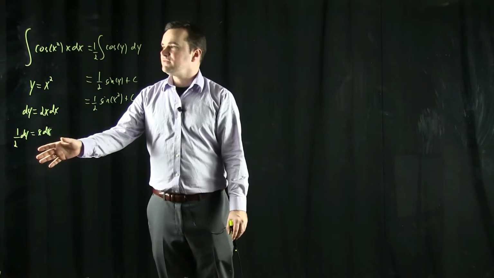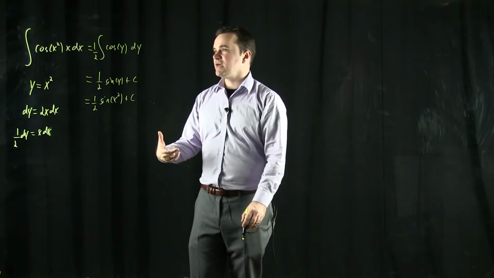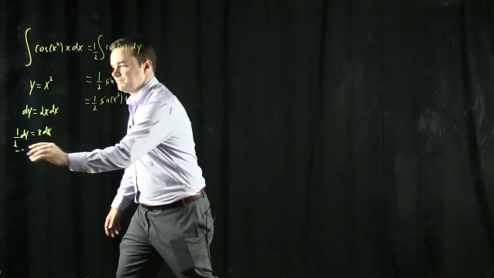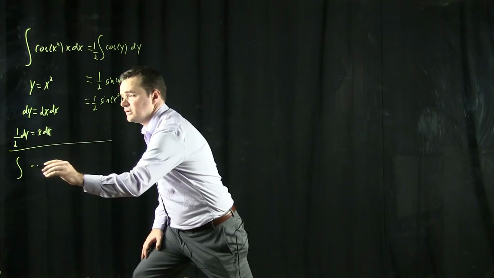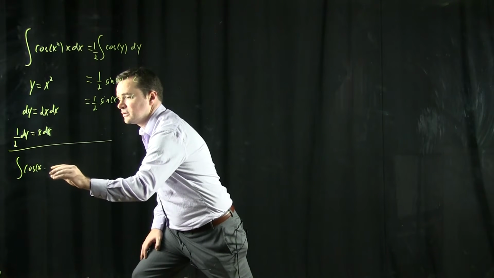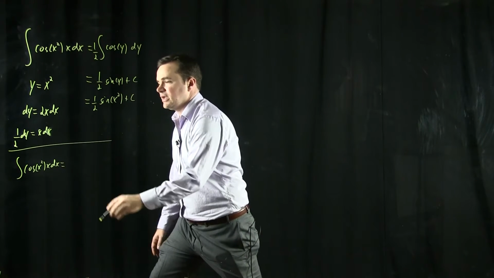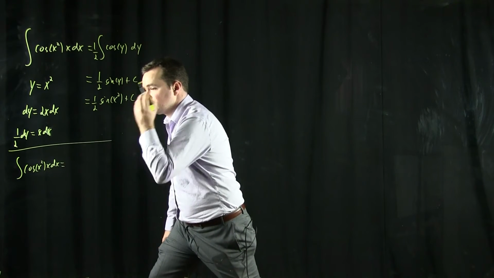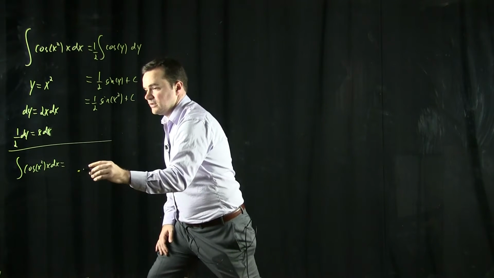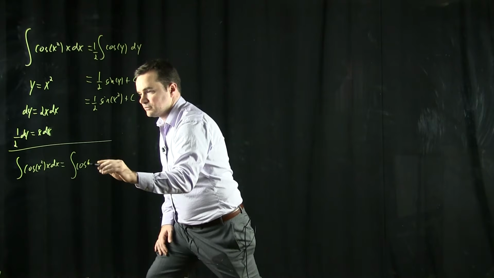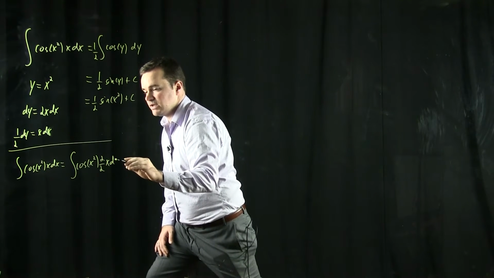So why is this definitely giving you the right answer? Some of you may have noticed that another way you could do this problem is to rewrite my integrand, cosine of x squared times x dx. You can rewrite that with 2/2 times x, since 1 is equal to 2/2. Why do you care about doing that?